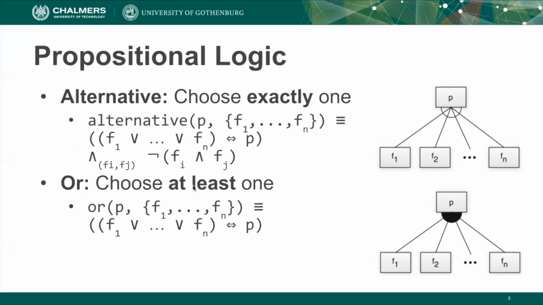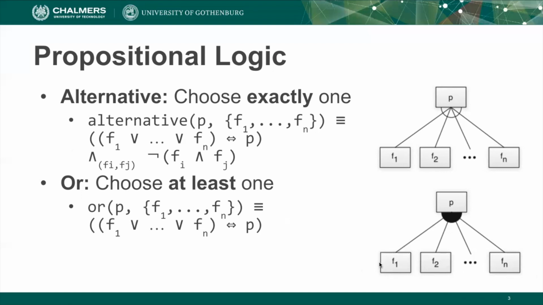Now, our second one here is this or constraint. It's an unrestricted choice, denoted by that filled arc between a parent and one or more children. This is saying we can choose more than one of these, but we must choose at least one. We could choose all, we could choose two, at least one.